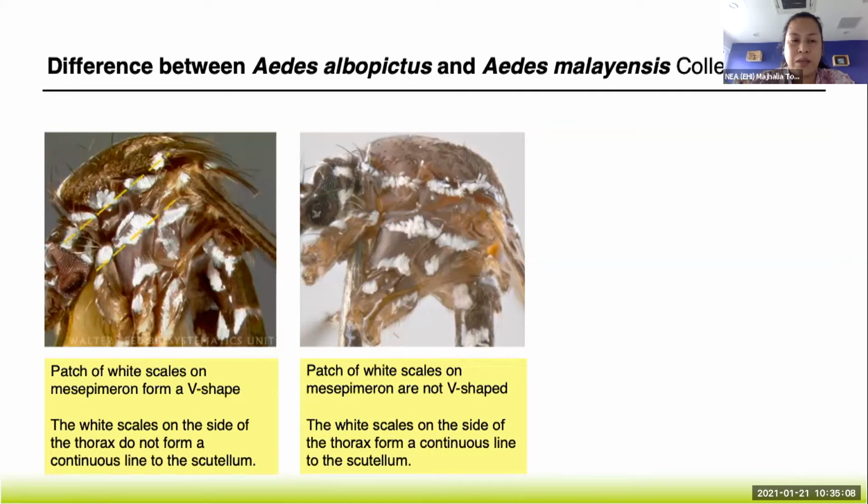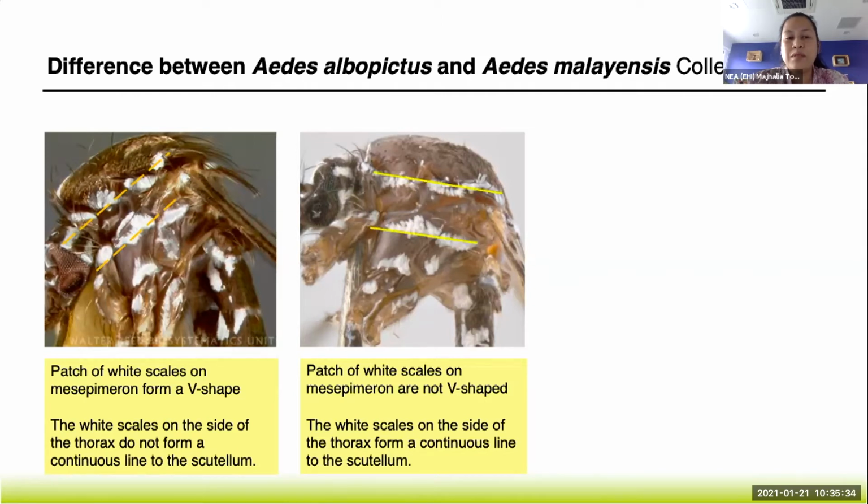So what do I mean? Following these lines, these scale patches on the side of the thorax, you will notice that it's broken by spaces with no white scales. This is not because the sample is degraded, but because it's really a discontinuous line. But if you compare with malayensis, the white scales extend up to the scutellum.